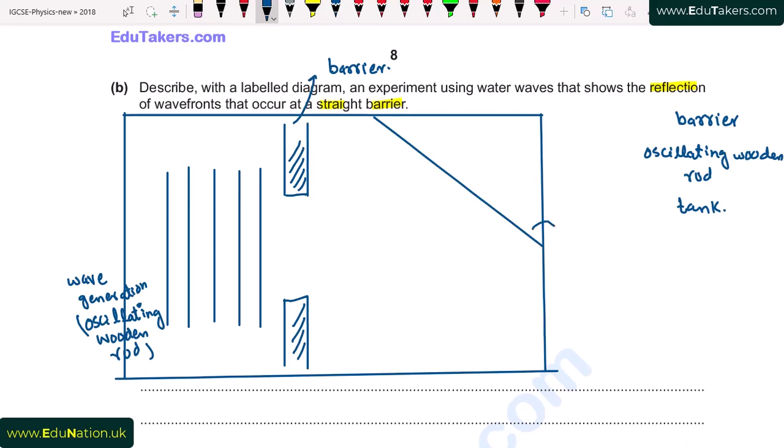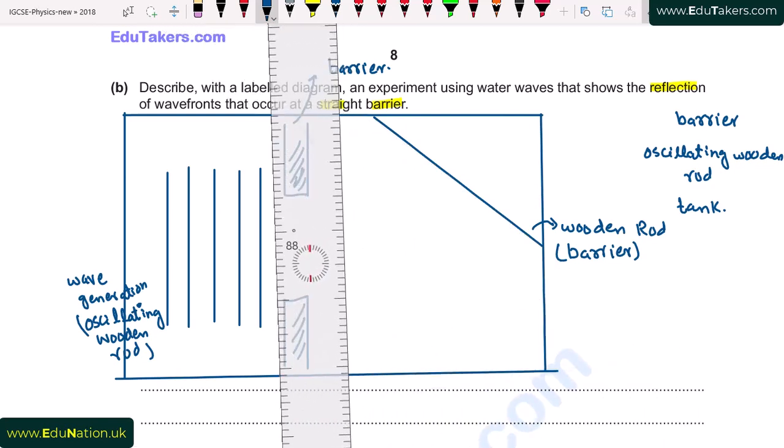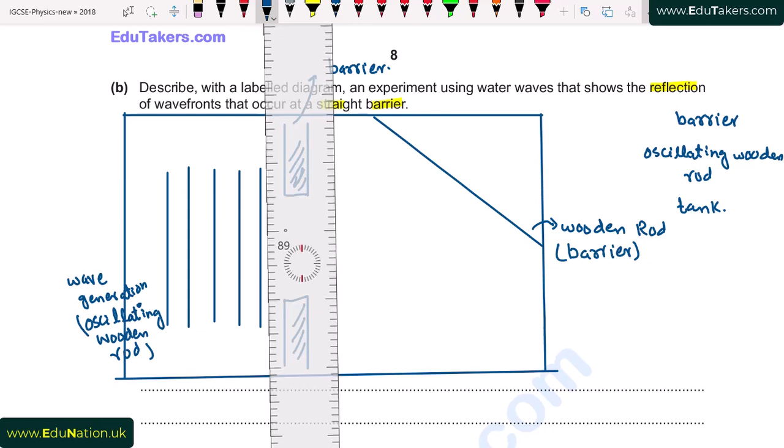I write here wooden rod or barrier. The water waves start passing through this barrier and come on the right side of this barrier and then are incident on this wooden rod. So I will draw again the waves that are on the other side of this barrier.